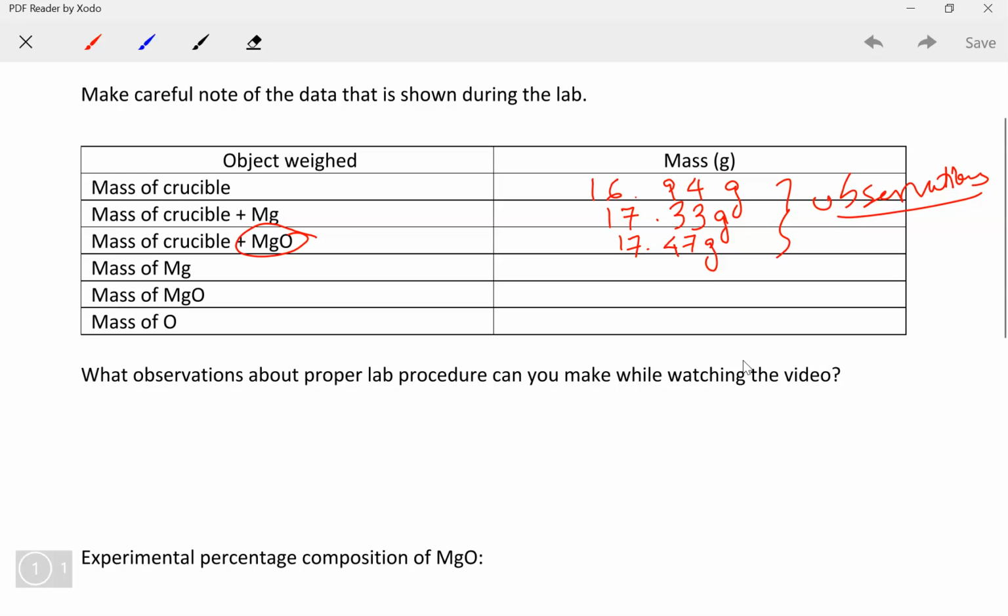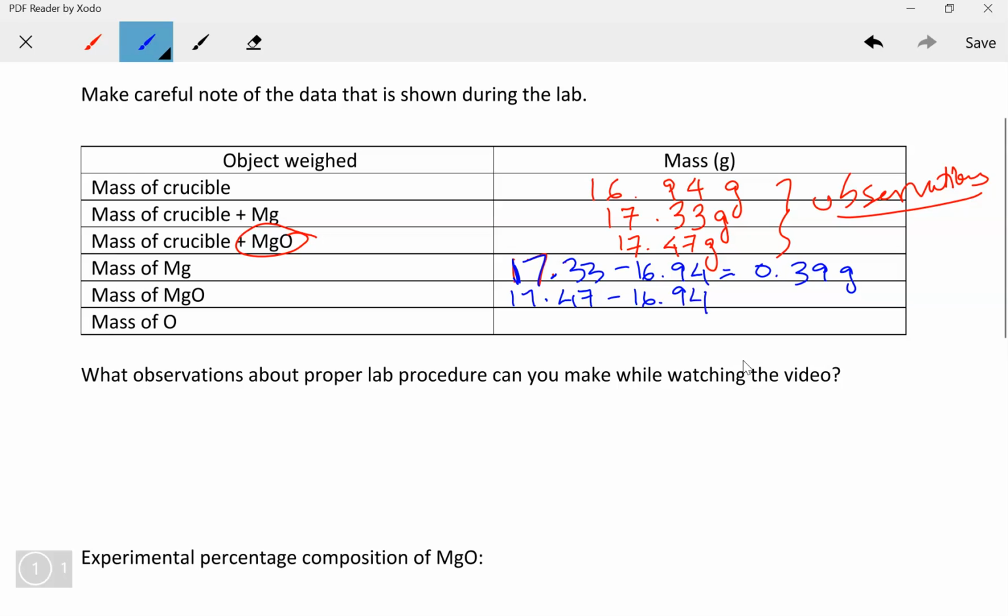So we get our mass of magnesium by doing 17.33 minus 16.94, which turns out to be 0.39 grams. Mass of magnesium oxide is 17.47 minus 16.94.